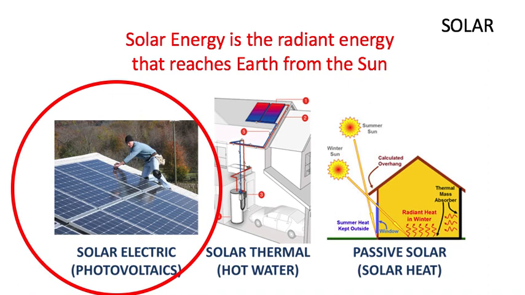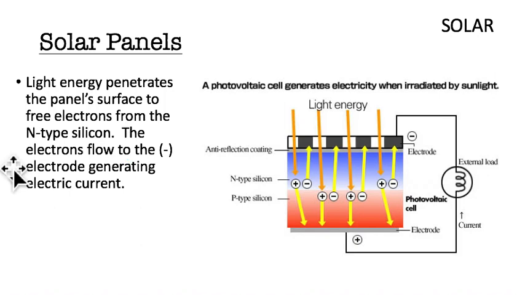So let's go ahead and talk about solar cells. With solar panels, the light energy strikes the solar panel, and when that light energy, or that photon, comes through the surface of the solar panel, it excites the surface between the N-type silicon and the P-type silicon.